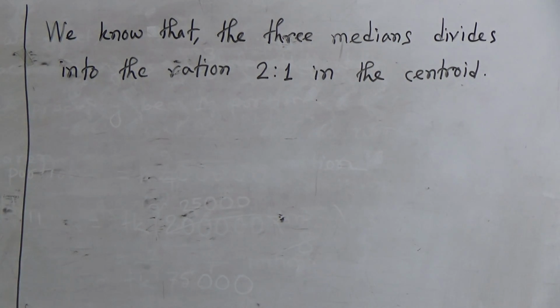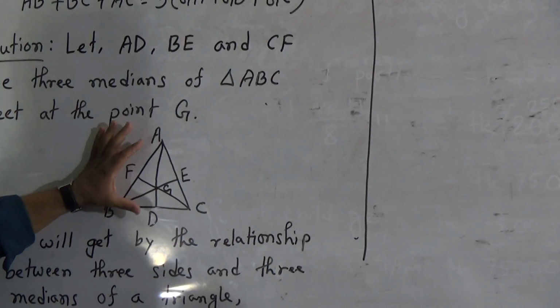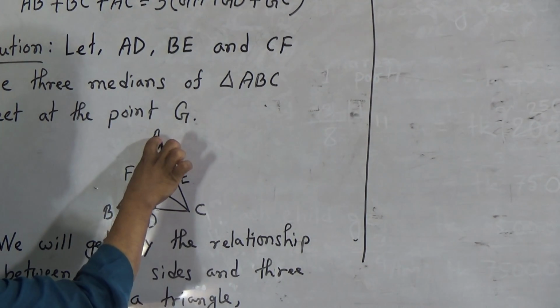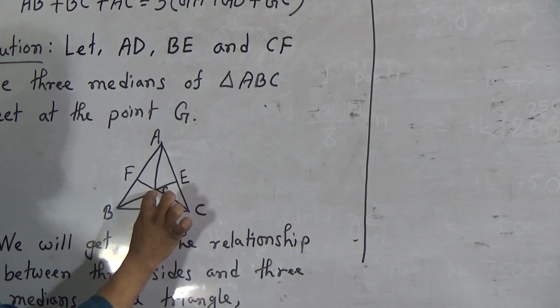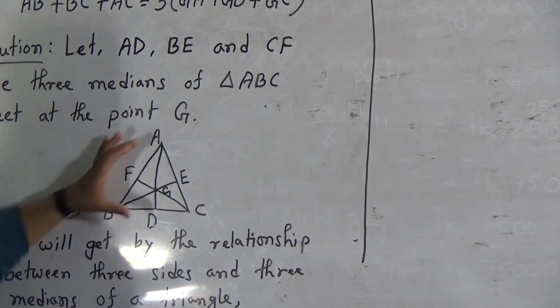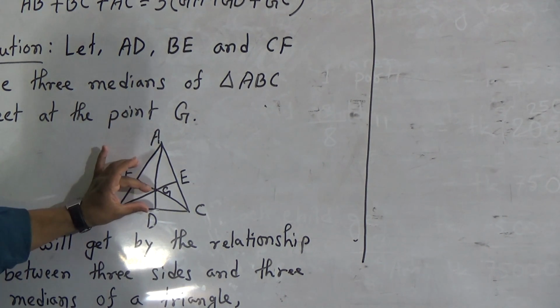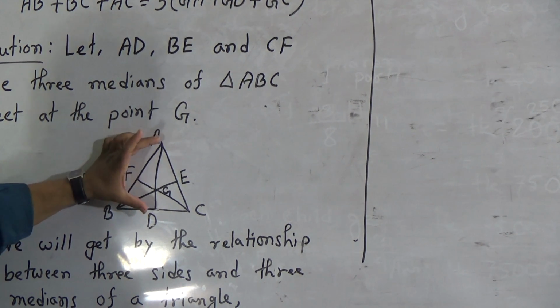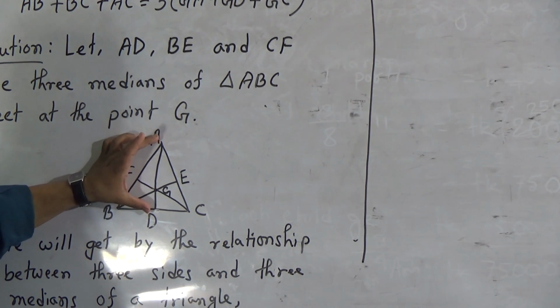Look at the figure, my dear students. G is the point at which each median is divided in the 2:1 ratio. That means AG is 2 portions and GD is 1 portion. Then the total median AD will be 3 portions.